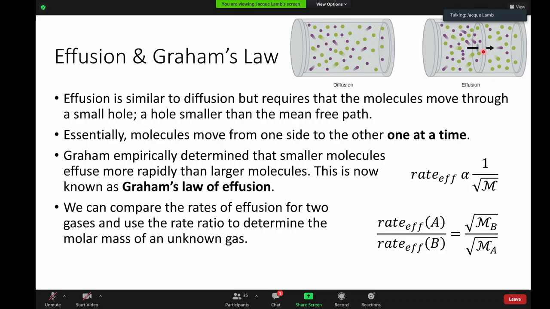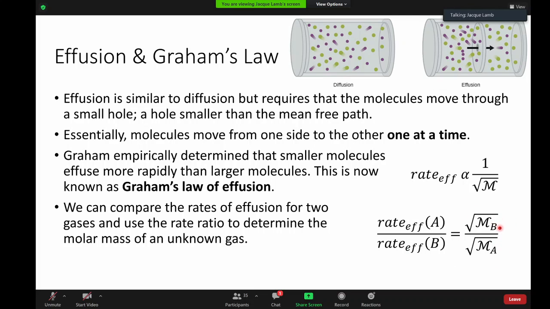So we can use a chamber like this, and we can compare the effusion rates of two different molecules, effusion rate of A to the effusion rate of B. Each of these is going to be proportional to 1 over the square root of their molar mass. So if we compare the ratio of the rate of effusion of molecule A to the rate of effusion of molecule B, we end up with this equation.